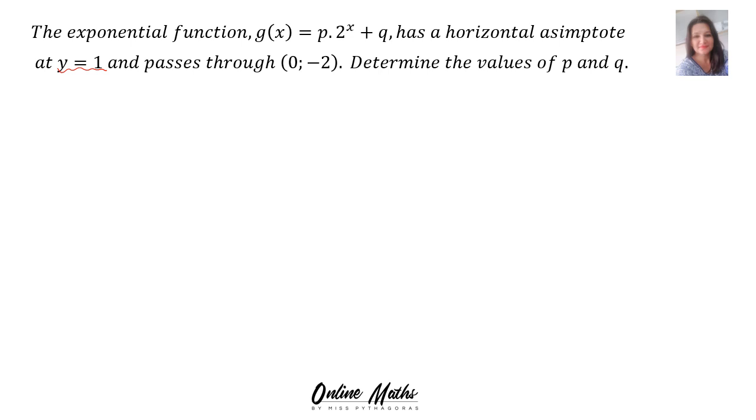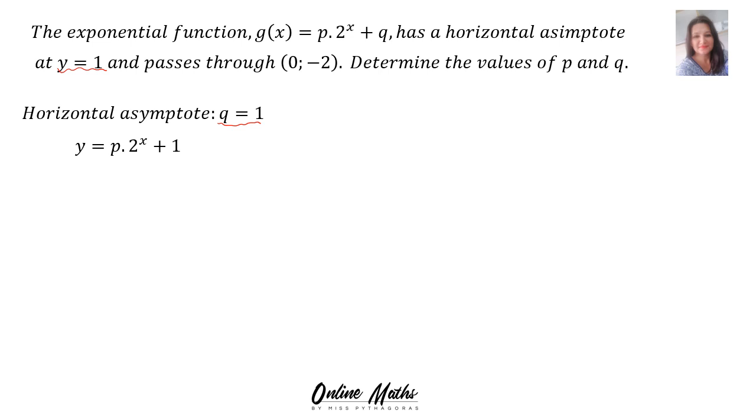So now you can see that there's no sketch. All the information is given in the words. We will start with the fact that the horizontal asymptote was given, y is equal to 1, and that translates to q being 1. Therefore, y is equal to p times 2 to the x plus 1.